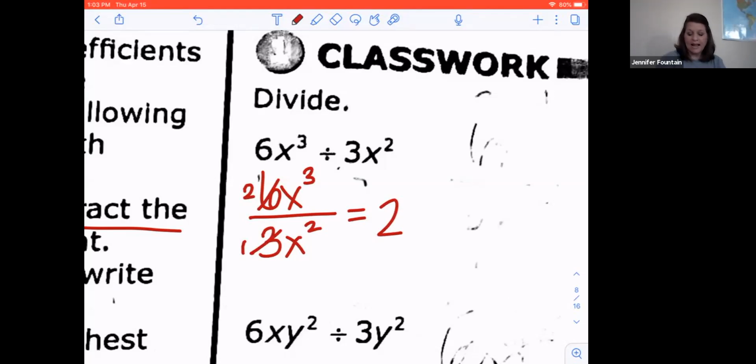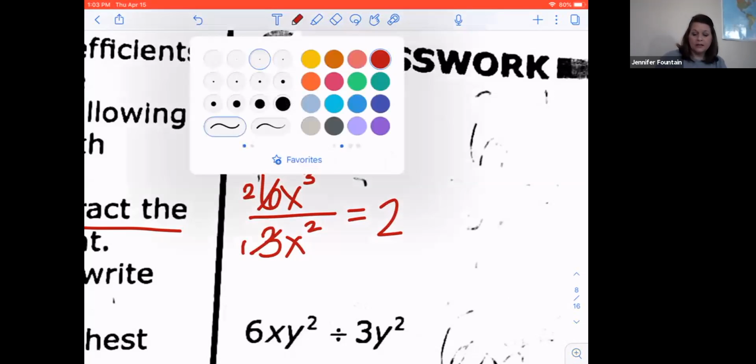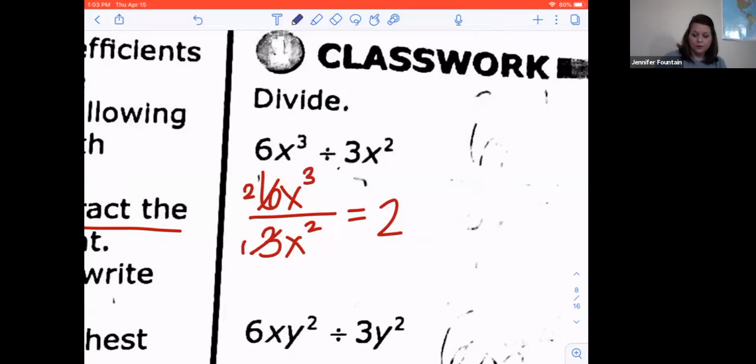Now, notice that in my denominator I have x squared, and in my numerator, I have x cubed. Remember, this is where I say x cubed minus 2. I take my top exponent, which is a 3, and I subtract the bottom exponent, which is a 2. And 3 minus 2 is going to be x to the first.